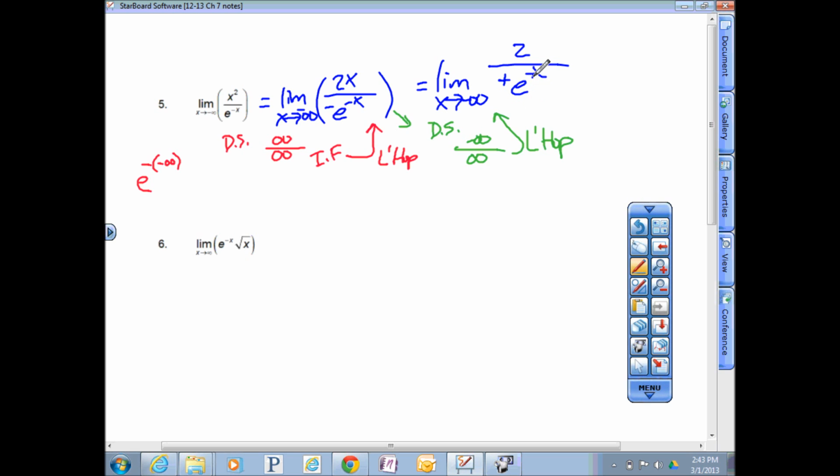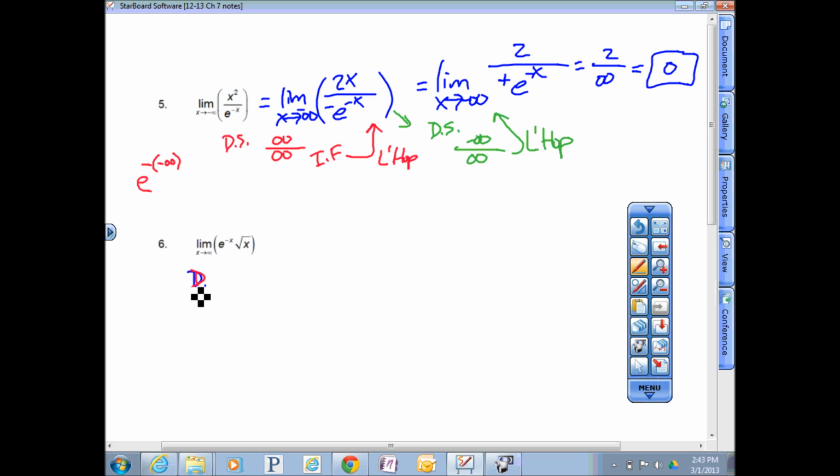And now when I do my direct substitution, I've got a 2 on the top, and e to the infinity power, infinity, on the bottom. 2 divided by a number like that is going to end up giving us a 0. So sometimes when L'Hopital's doesn't work the first time, you've got to repeat it and see where it takes you.